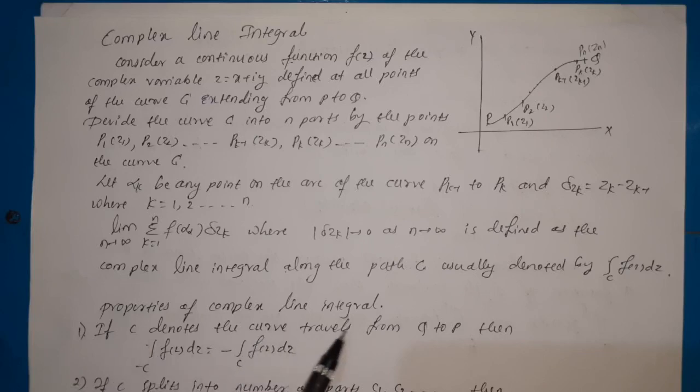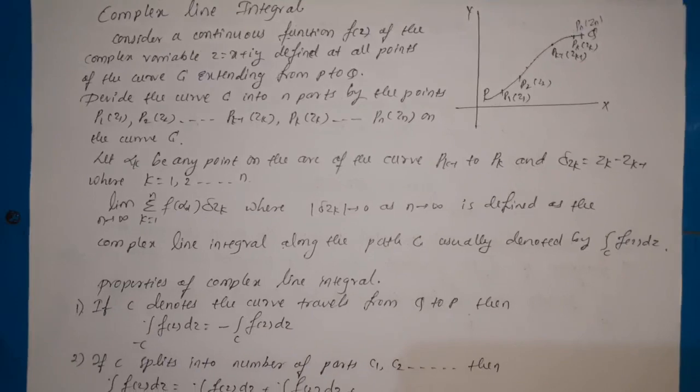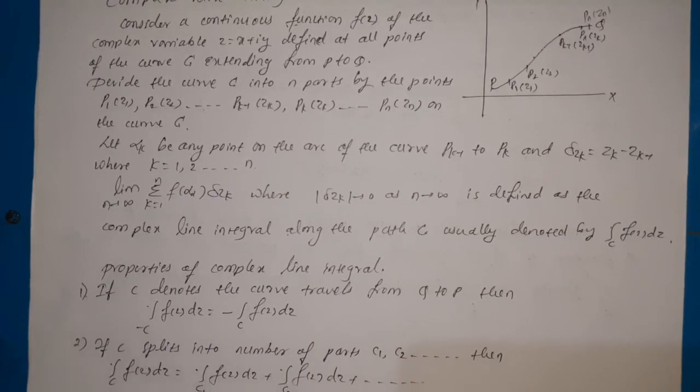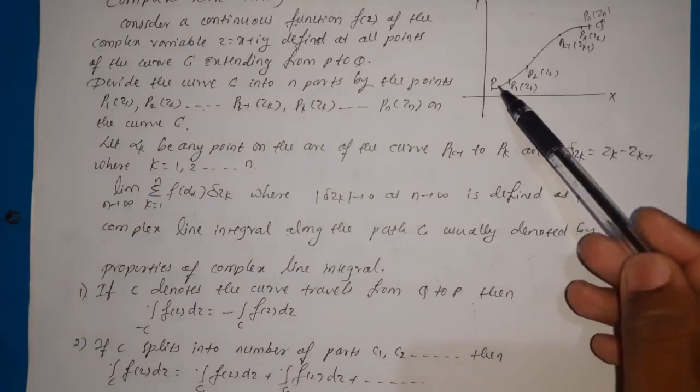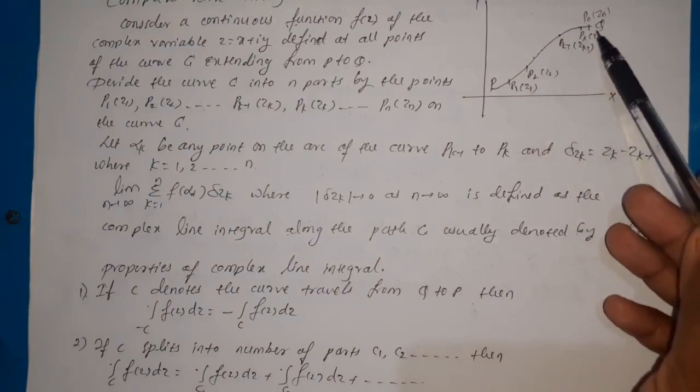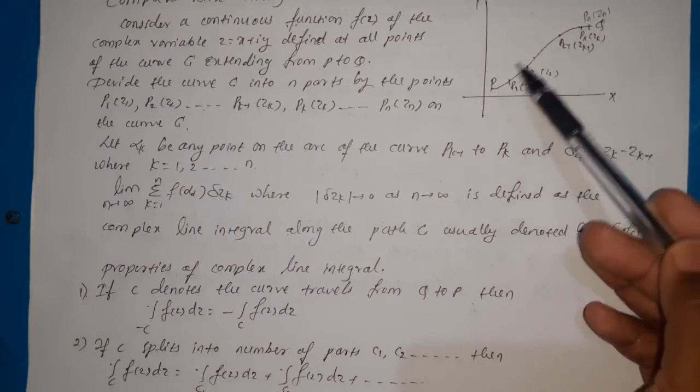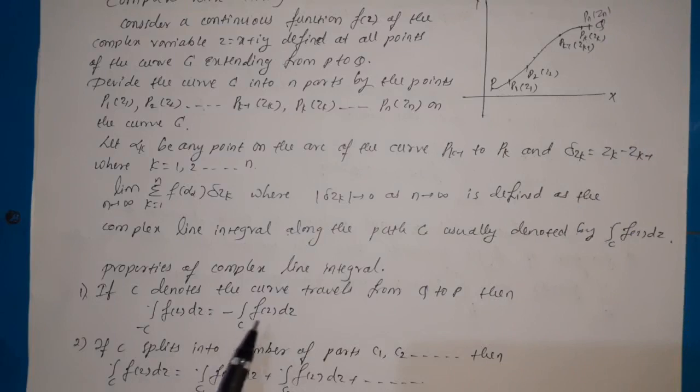Now, properties of the complex line integral. Usually in the given curve we are moving from P to Q. If C denotes the curve traveled from Q to P, then the integral gets a negative sign, that is, the integral over minus C of f of z dz.